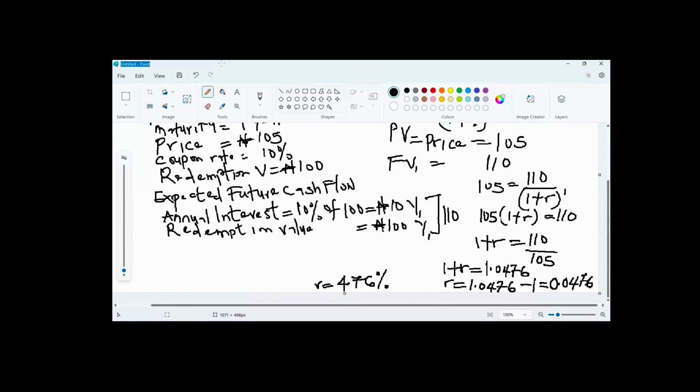What you are saying is spot rate at the end of year 1 is equal to 4.76%. We have gotten spot rate at the end of year 1.